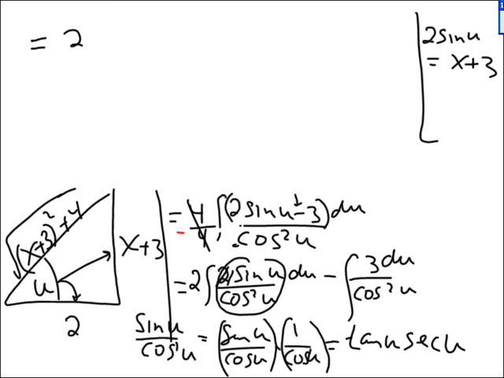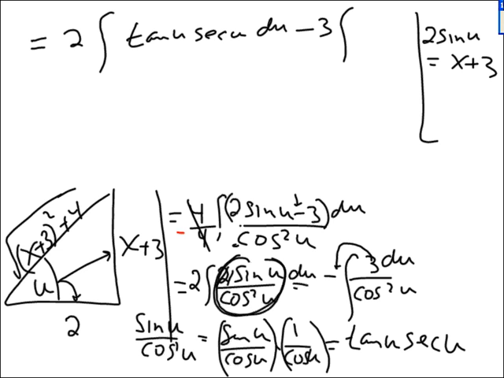We have 2 times the integral of tangent u secant u times du, minus the 3 I'll bring out in the front. The du is in the top, but the cosine squared u in the bottom is the same as secant squared u in the top.